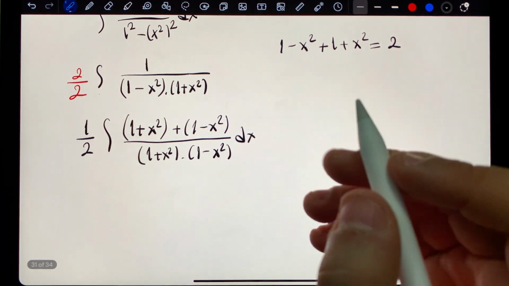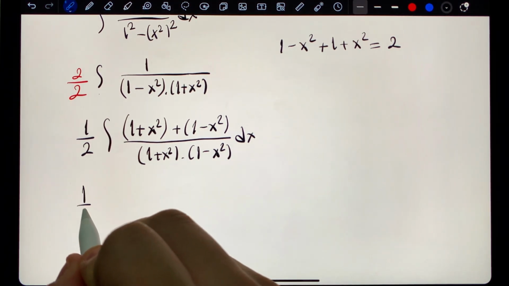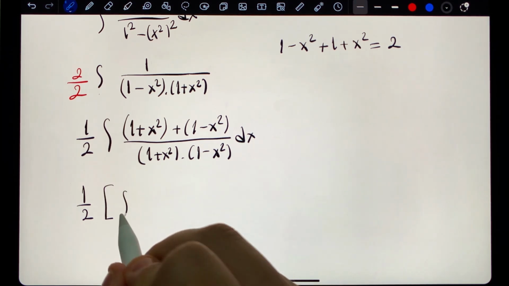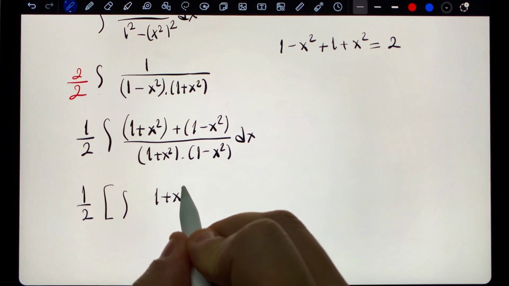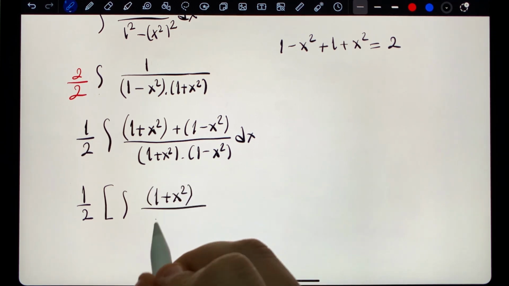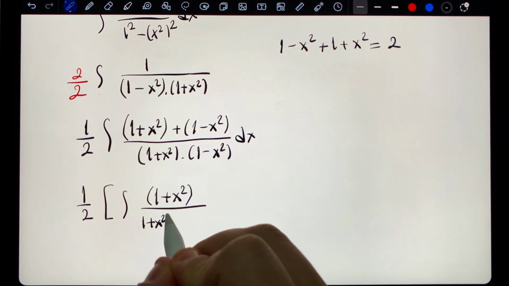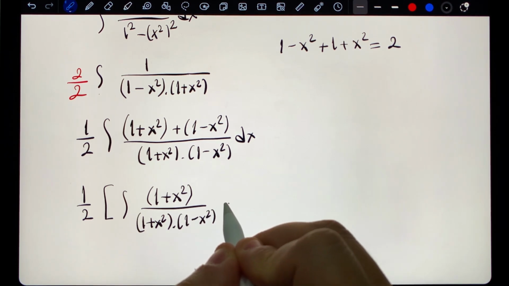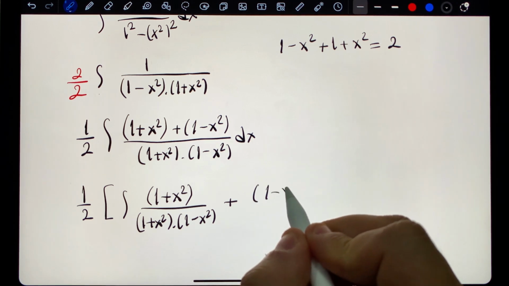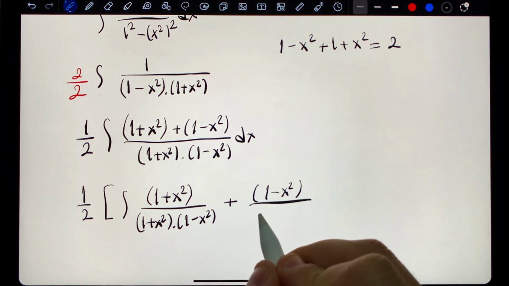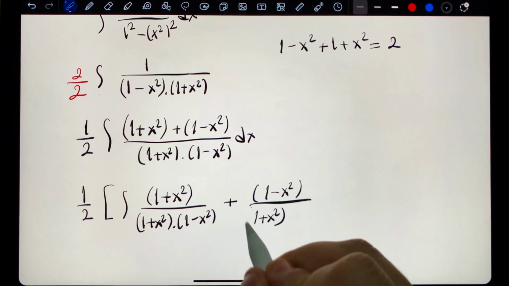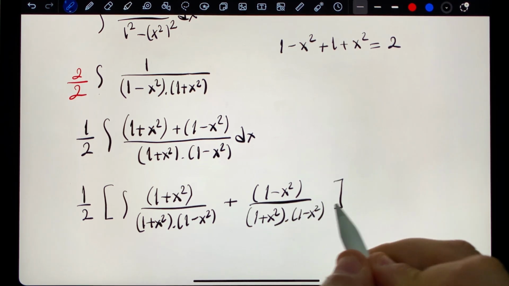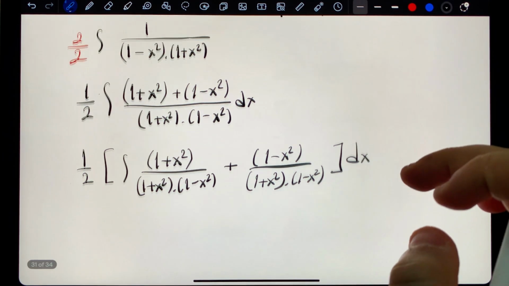Here is 1 over 2, open parentheses, integral of (1 plus x) over (1 plus x)(1 minus x), plus the integral of (1 minus x) over (1 plus x)(1 minus x). After closing it, I can add the dx.